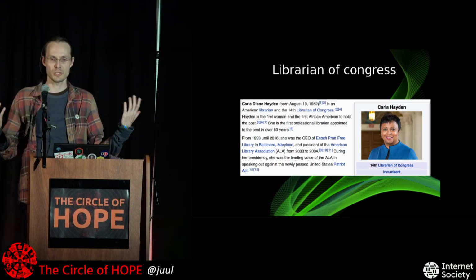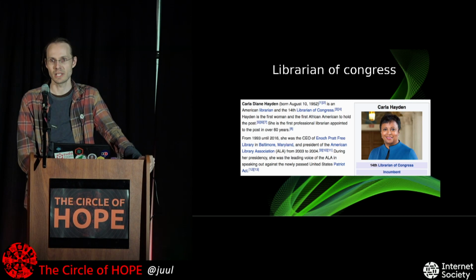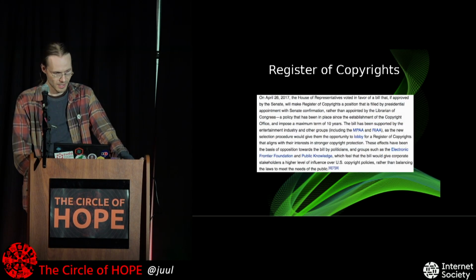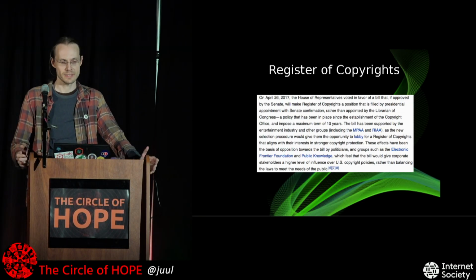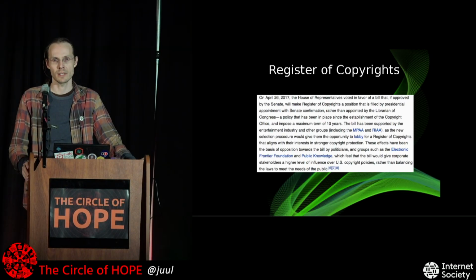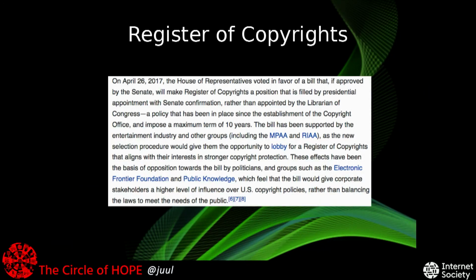How much better could it get? Of course, we can convince a librarian who's against the Patriot Act that we should be able to jailbreak these devices. But it turns out that the Librarian of Congress is actually just signing off on these things, and who's actually in charge of looking at all the public comments and figuring out what should be exempt is this person called the Register of Copyrights.